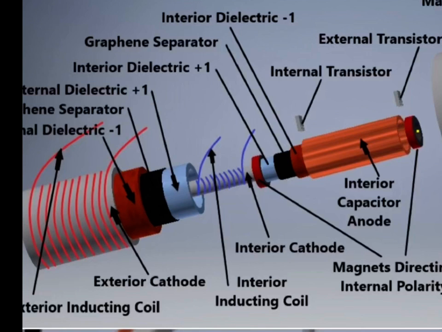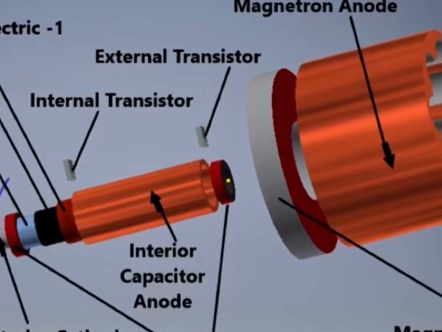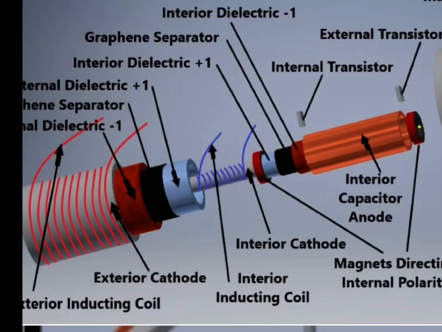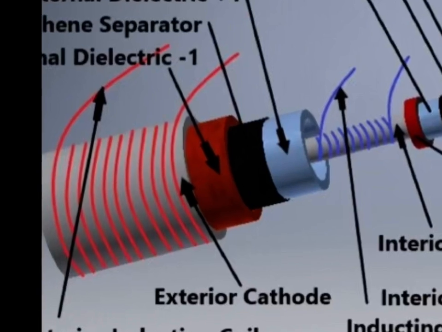So then this 3-electrode capacitor that has signals introduced to it is inserted into a typical magnetron, a cavity magnetron. And essentially what happens is, in the operation of the capacitor, the heat that is created is sent out to the outside cathode of the capacitor set.